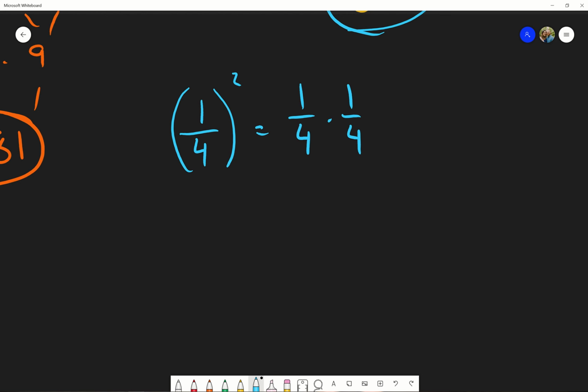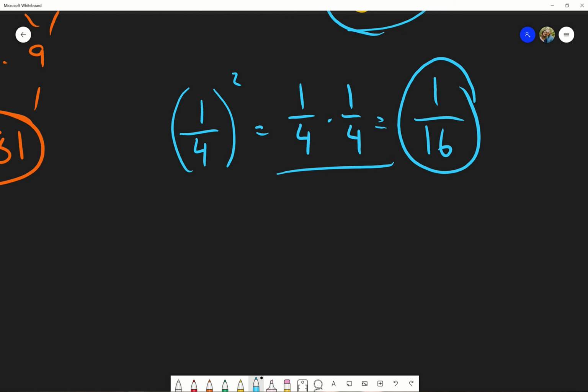And then we know when we multiply fractions, we just multiply straight across. 1 times 1 is 1. 4 times 4 is 16. So when we square fractions, we just multiply them out. We always want to write our exponents out as repeated multiplication and then multiply it all out. We know how to multiply, we know how to write things, and we learned about multiplying fractions. We should be good with that. All these things we piece together and solve our equation.